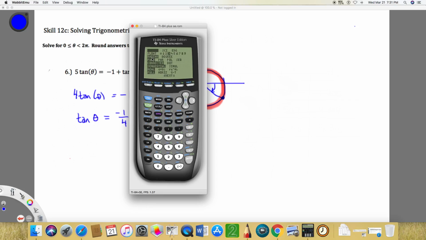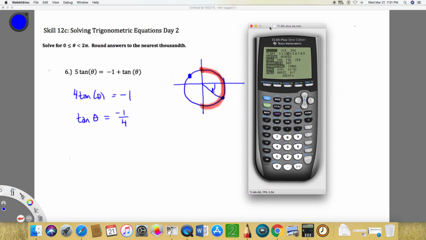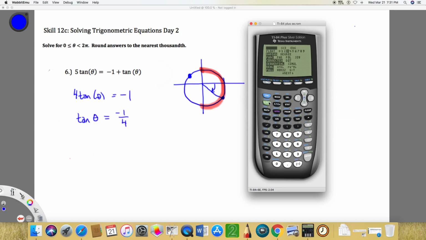We are in radian measure. Let's take the inverse tangent of -1/4 and see what we get. -0.245. Well, we said we want our angle measures to be bigger than 0.